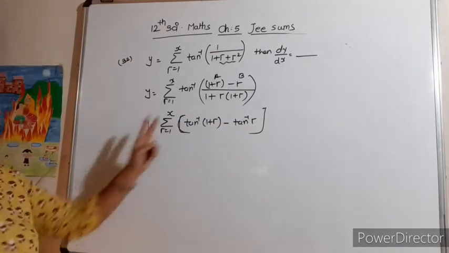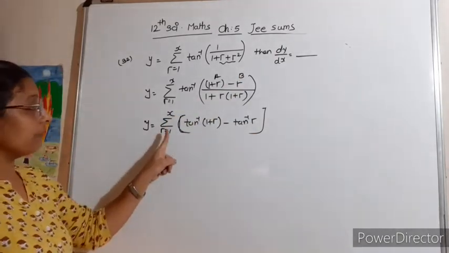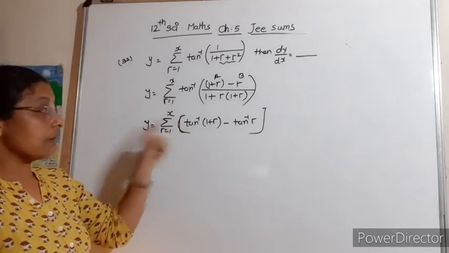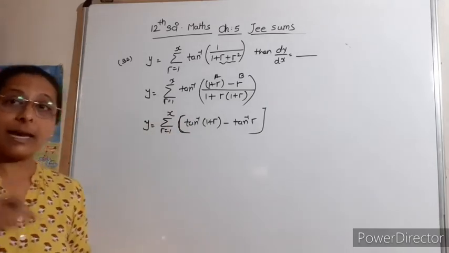ये फॉर्मूला हुई tan inverse a minus tan inverse b की. Now r की वैल्यू है 1 to x और है summation. So we will replace r from 1, then 2, then 3 and add it.